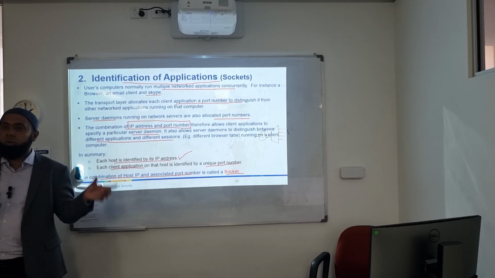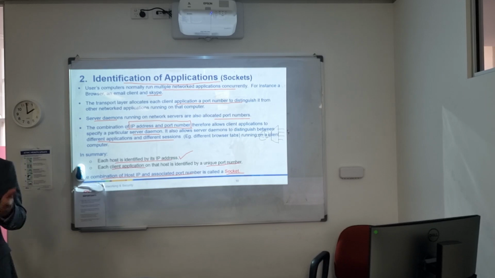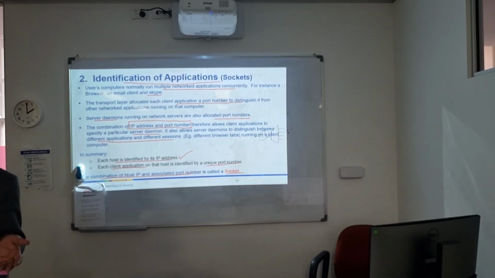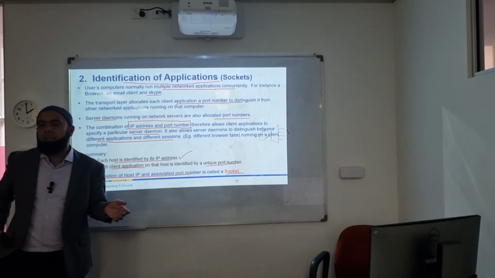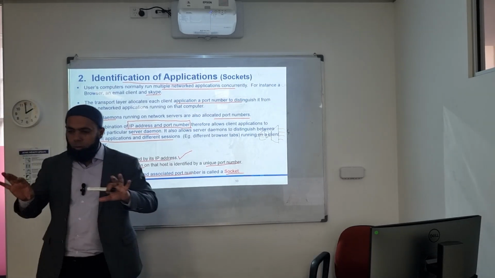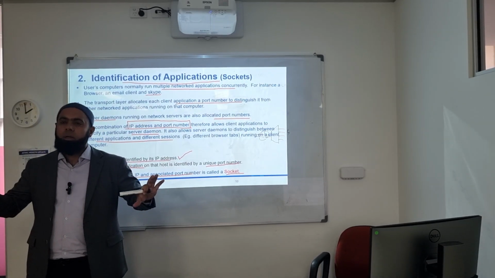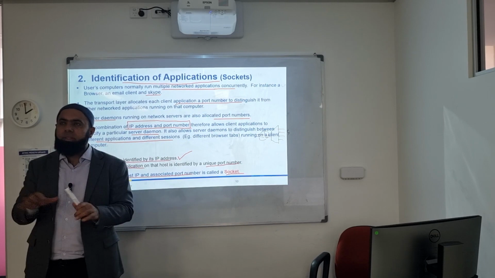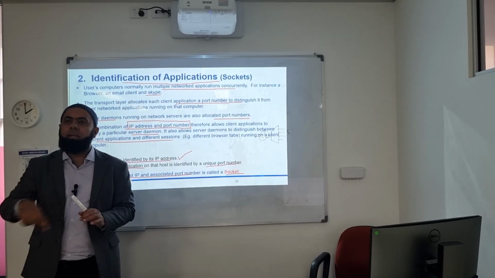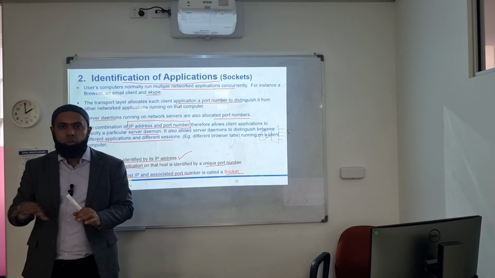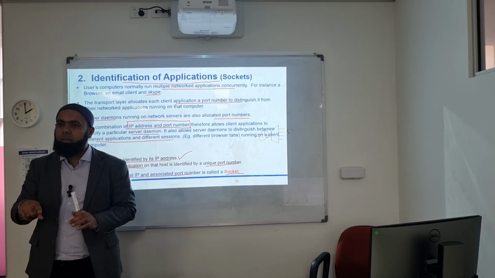Because with the help of a socket, we are able to distinguish the apps. When we talk about hop to hop, we are playing in the data link layer. When host to host, we are playing in the network layer.